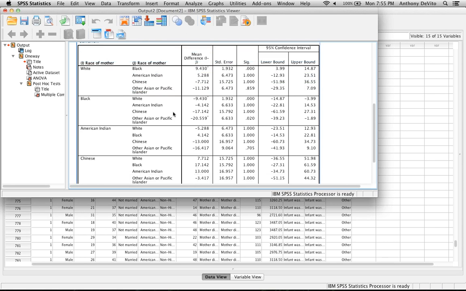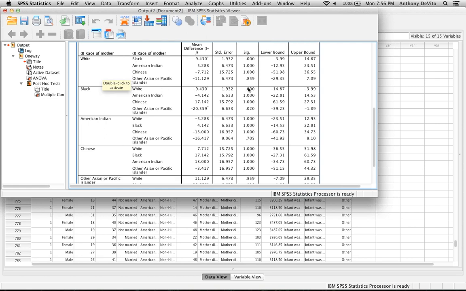All we're interested in now is which of these significance values are less than 5% and marked with an asterisk, because that tells us we have enough evidence to say that the mean weight of children born to white mothers in this study is different than the mean weight of children born to black mothers in this study. We can't say for sure about any of these others. This is just a repeat, black versus white.